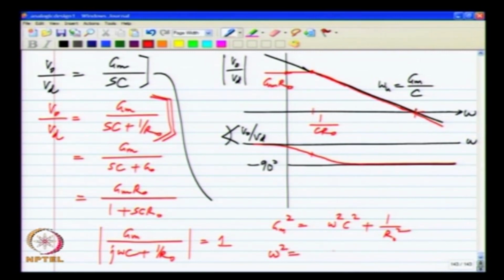So, omega square is given by Gm square by C square minus 1 by C square R naught square. As long as this is very small, as long as 1 over C R is much smaller than Gm by C, the unity gain frequency is still approximately Gm by C, and we see that this is invariably the case for any reasonable op amp, because if this condition is violated, the op amp will be almost useless.